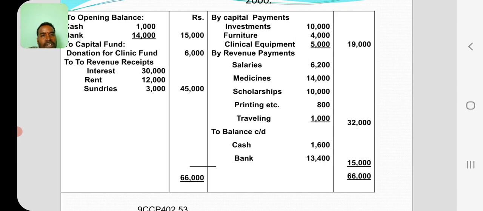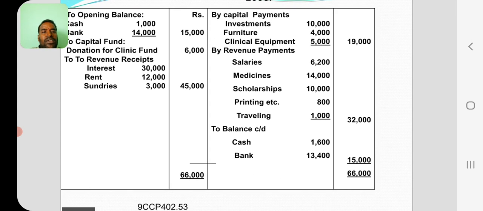To capital fund, directly given, donation for clinic fund 6,000. To revenue receipts: interest 30,000, rent 12,000, sundries 3,000, total 45,000.